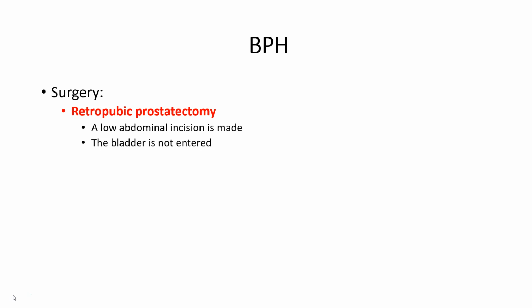You want to assess that dressing for any presence of urine or purulent drainage. Because if present, you need to report that to the surgeon, because the bladder wasn't entered. So if you have urine on your dressing, that means that they nicked the bladder, and you need to let the surgeon know that ASAP. Okay?